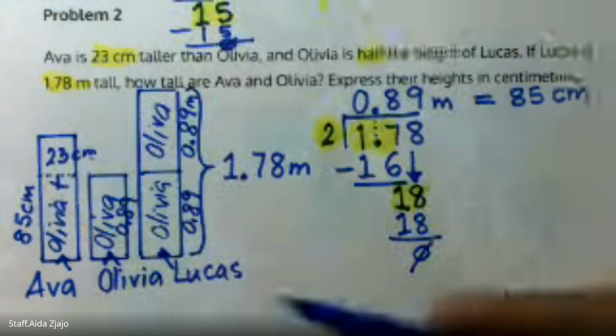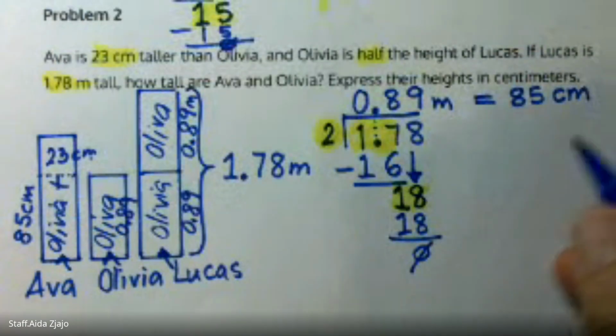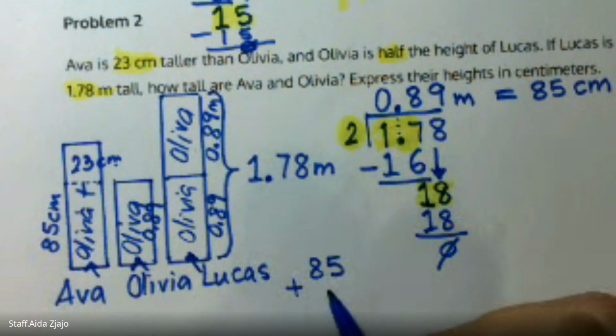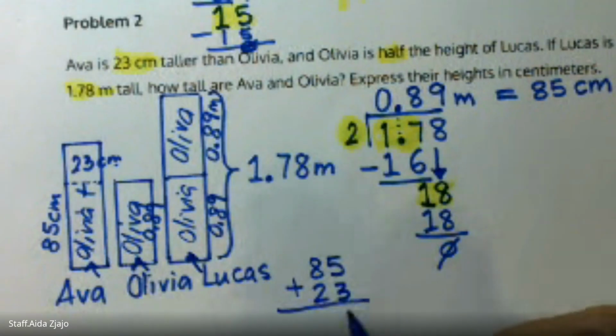So to find Ava, we need to add 85 plus 23. So that would be 108 centimeters.